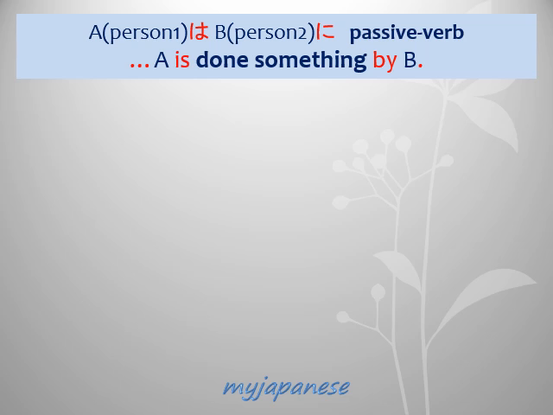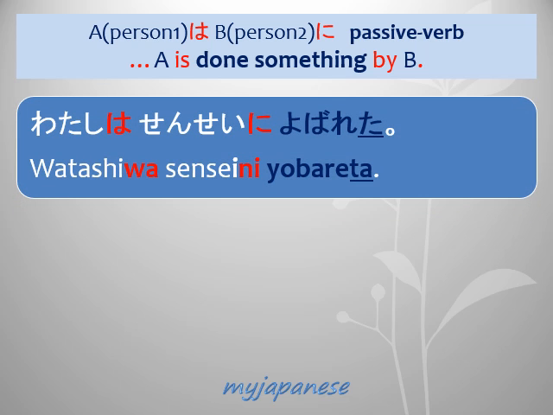Let's make a passive sentence with this sentence pattern. A は B に passive verb. A is done something by B. Example sentence. 私は先生に呼ばれた。I was called by the teacher.